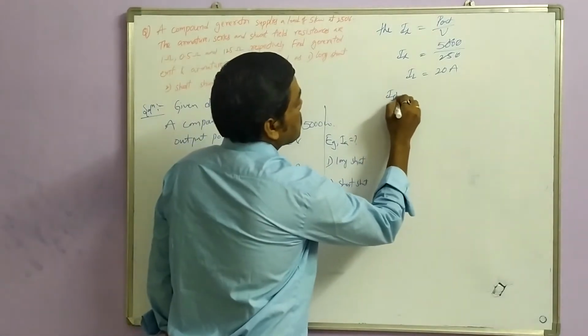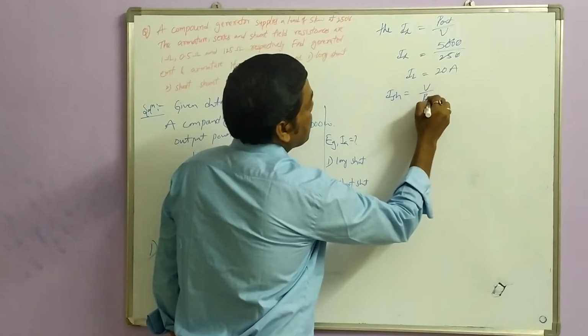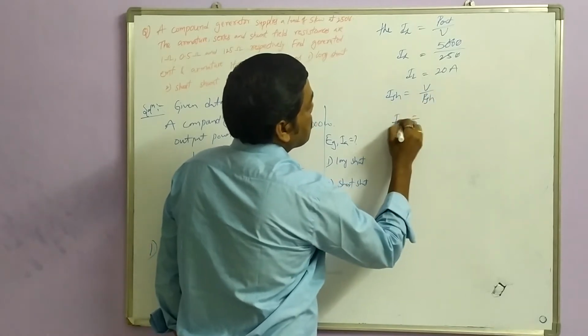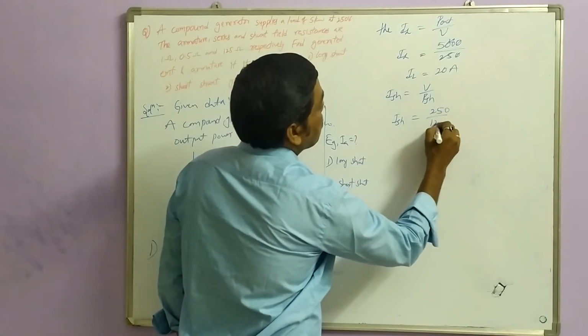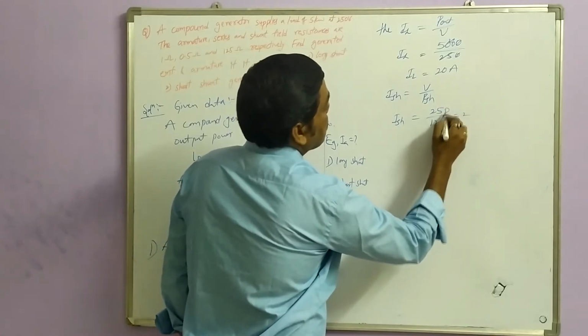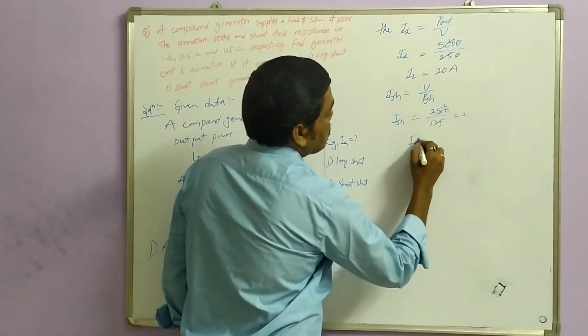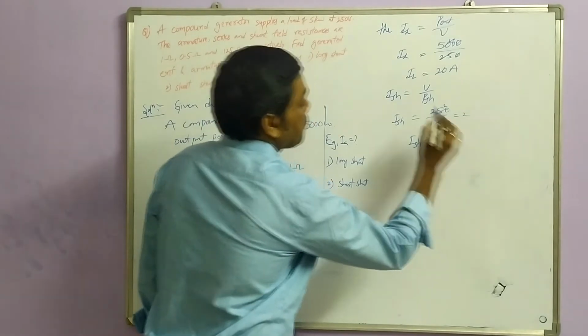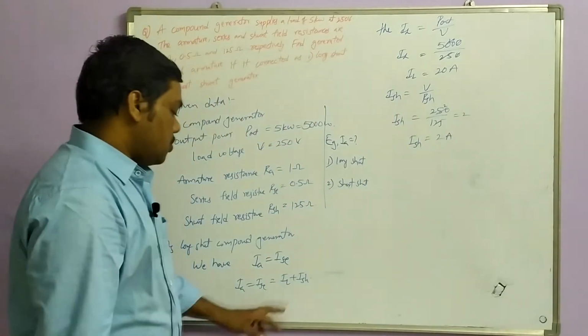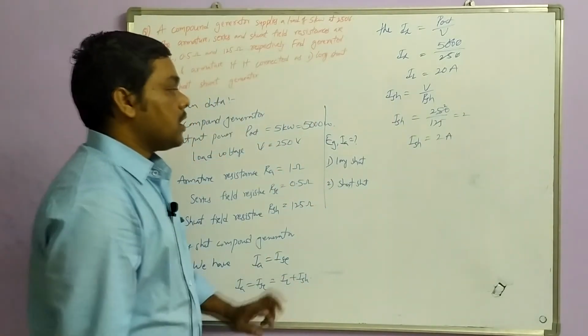Similarly, ISH is equal to V by RSH. So ISH is equal to 250 by 125, which is equal to 2. Now the shunt field current is 2 amperes. Now we know load current and shunt field current.